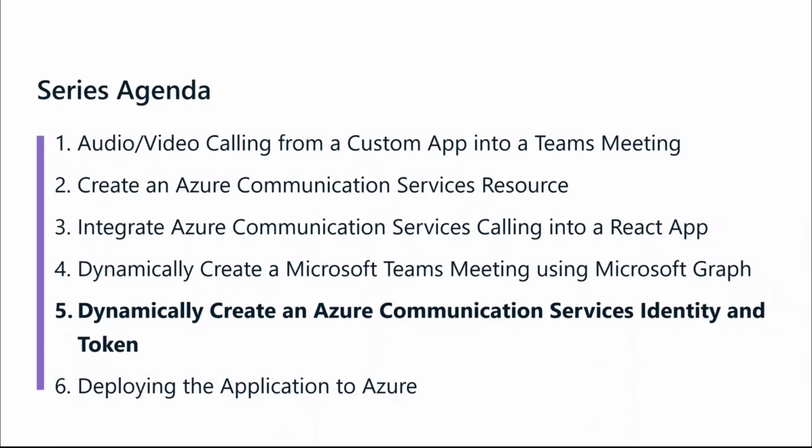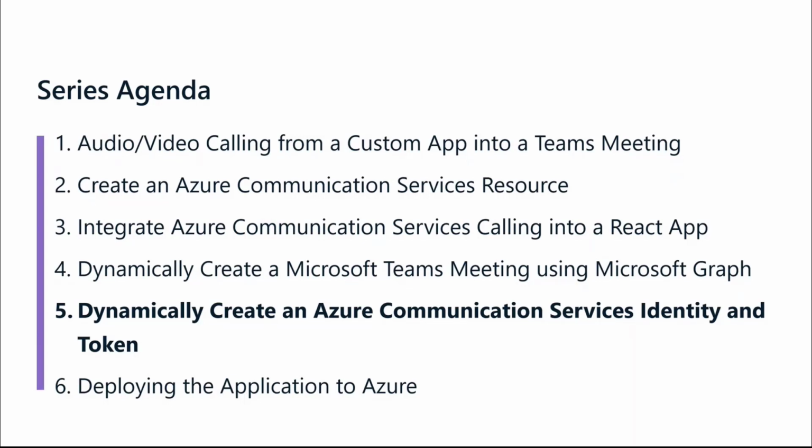And in the third week, he showed you integrating Azure Communication Services calling functionality into a React app. Last week, I was here to talk about how we can dynamically create a Microsoft Teams meeting using Microsoft Graph, which was consumed by Azure Communication Services as well as by the client side of the user on Microsoft Teams.